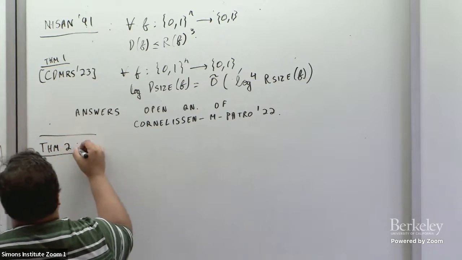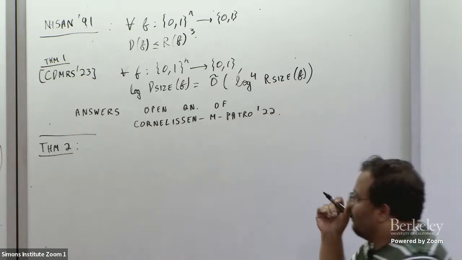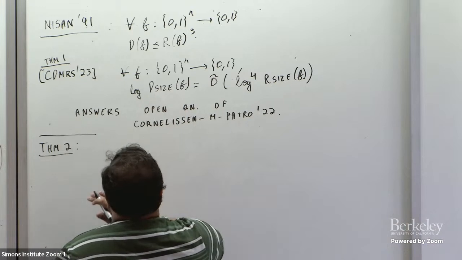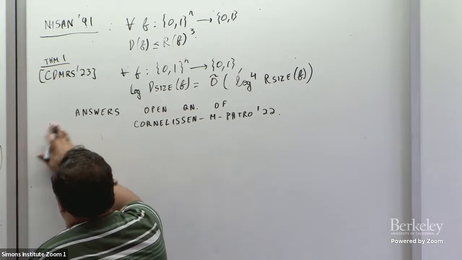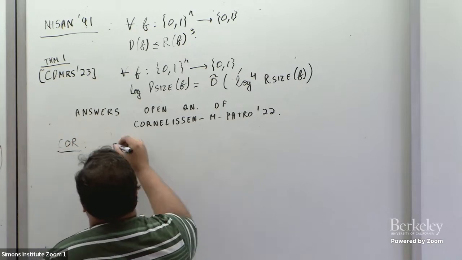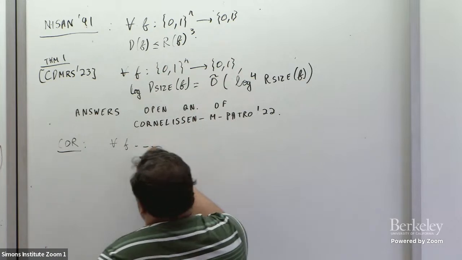And using similar techniques to what we use to prove this, which I'm going to prove to you soon, we are also able to answer, so I should put in a corollary here, for all f total Boolean functions.